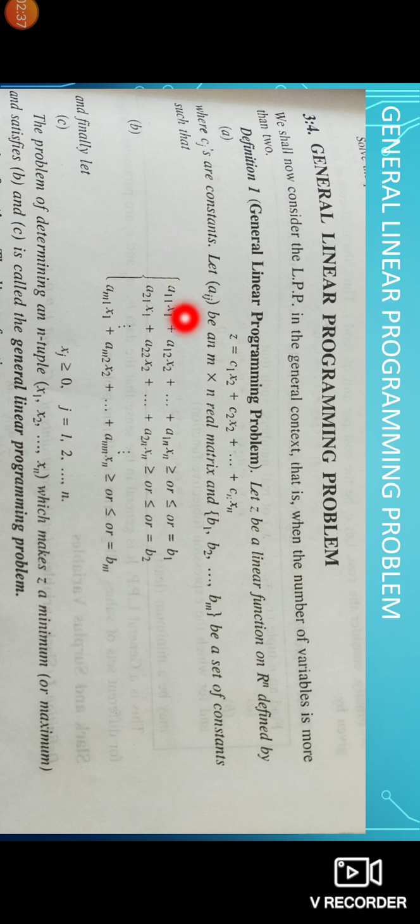Let aij be an m by n real matrix. This is equation number B, with i from 1 to m and j from 1 to n, that is a11, a12 up to a1n.